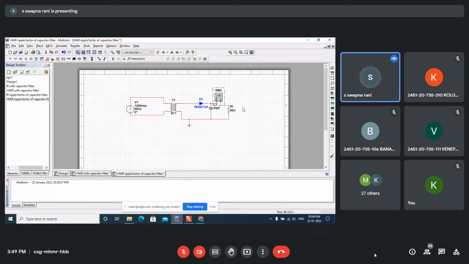Are you getting the same ripple factor value for both voltage ratio and current ratio? So here is multimeter. Multimeter will be available here. This first one is multimeter. Click on that and just click here. This also you can rotate.